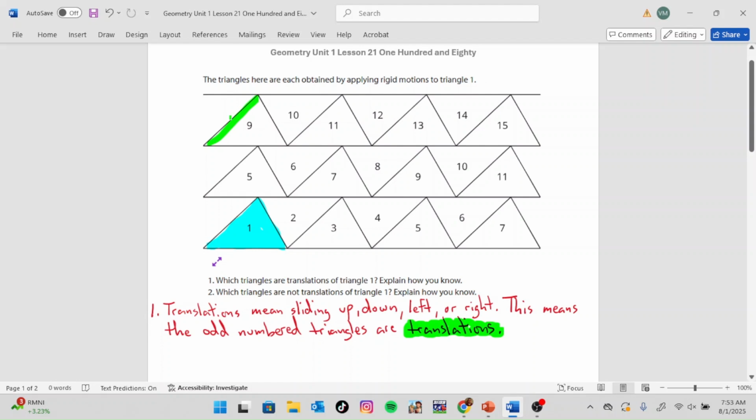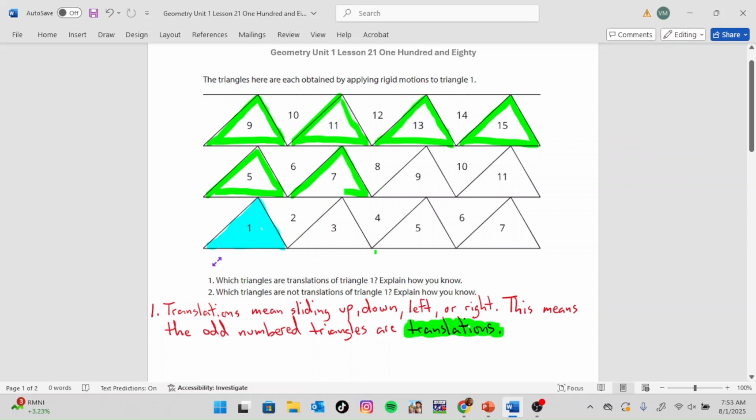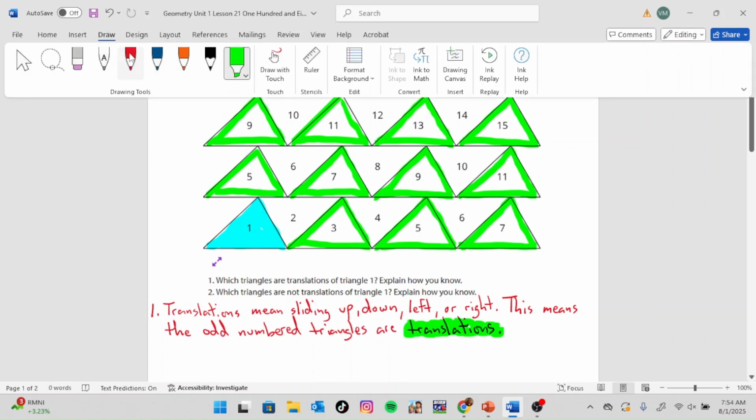And then that way we understand that we are saying all of these odd numbered triangles are the ones that are formed simply by translating. So that takes care of number 1.